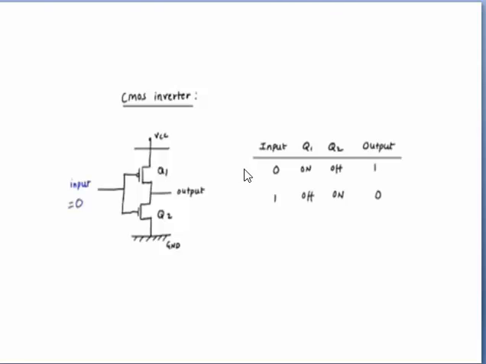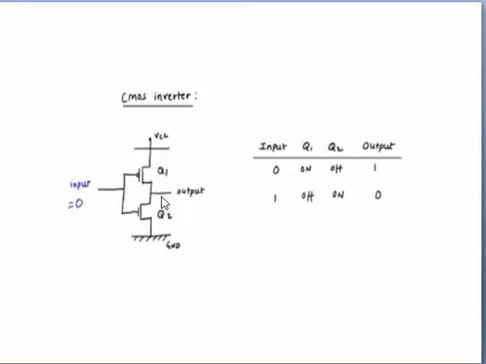Similarly, if we apply 1 at the input side, then for NMOS the input is 1, which means NMOS behaves as a closed switch, and if we provide 1 for PMOS, then it is off and behaves like an open switch.